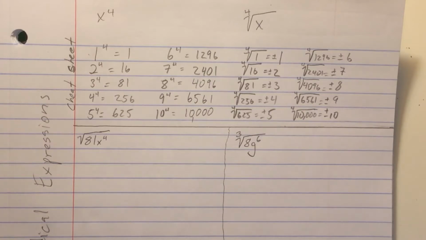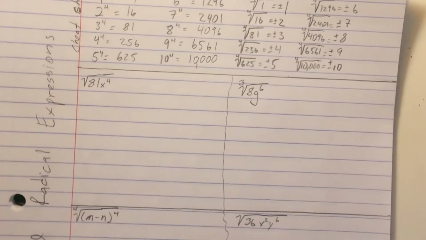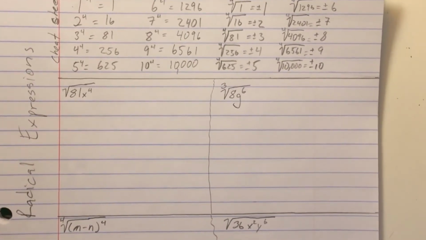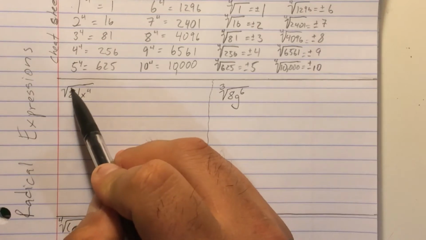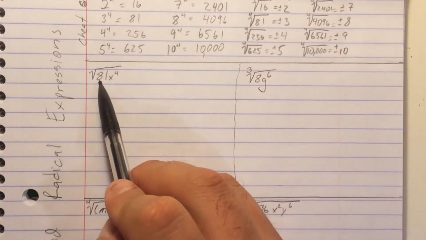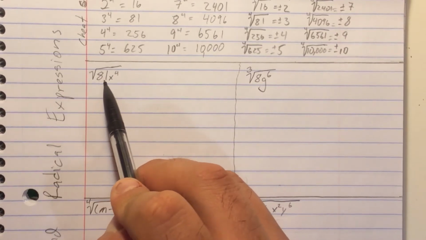Alright, welcome back. Now we're going to work on these first two problems, and then that's it for this video. We see this here is a square root, so we have to find the two numbers that multiply to equal 81, and they're the same.